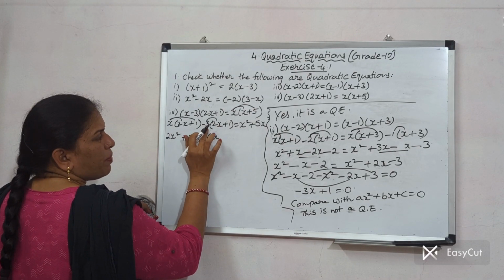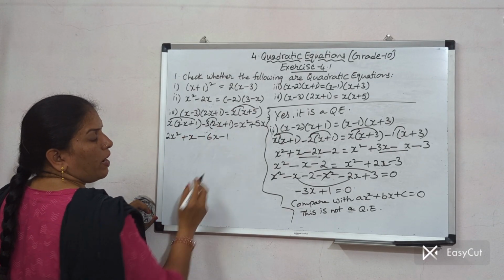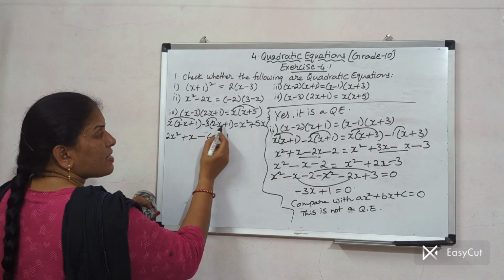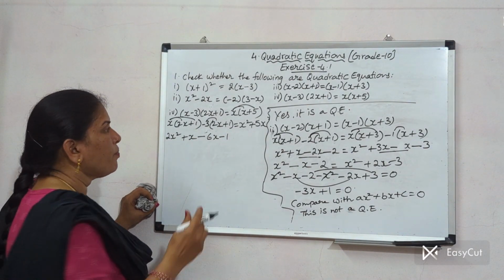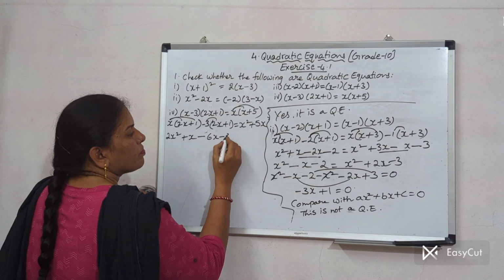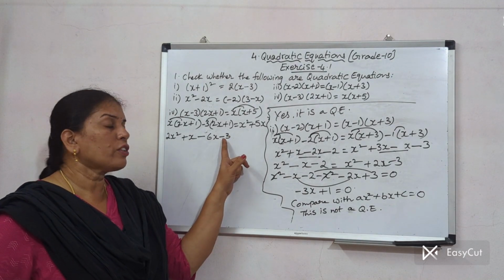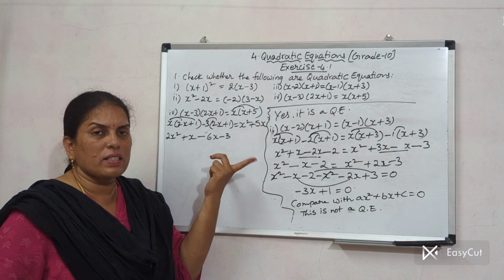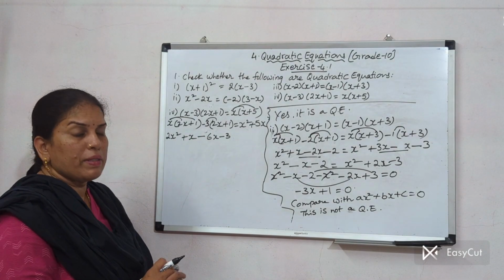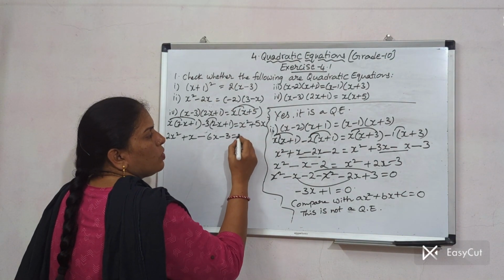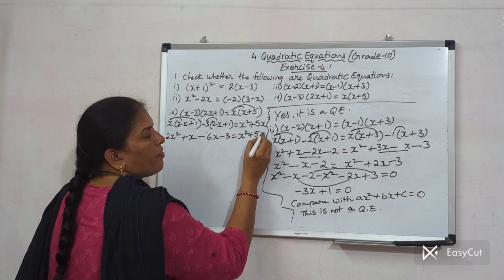Minus is there, so this plus will become minus, minus into plus is minus. Minus 3 into 1 is minus 3. Sorry, if I forget to write 1 here, the whole answer will become wrong. So, don't make any mistakes. Is equal to x square plus 5x.